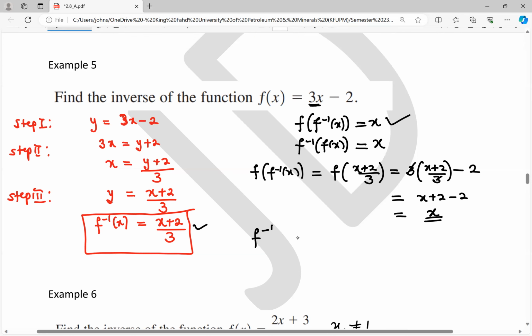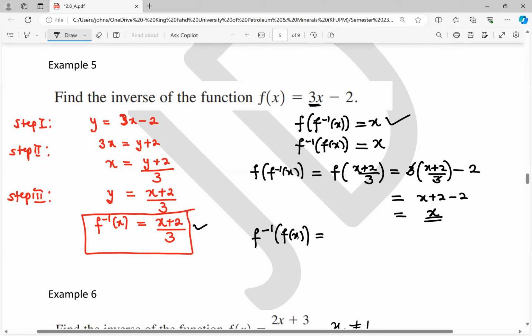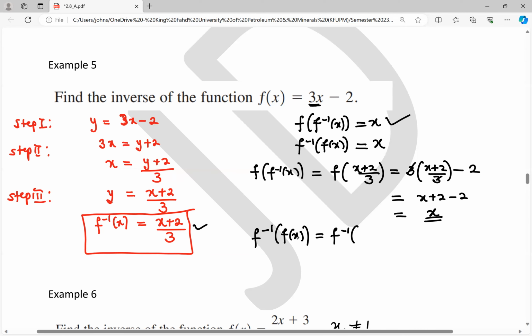So now let's check f inverse of f of x. This is going to be f inverse of f of x. What is f of x? f of x is 3x minus 2. So f inverse of this one, what is f inverse? Look at f inverse. f inverse will add 2 to its input and divide by 3.